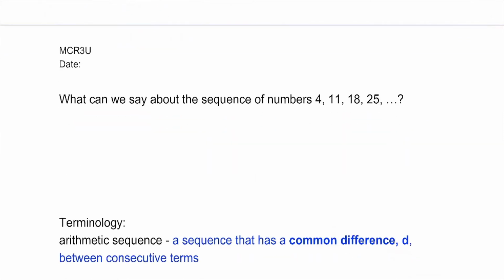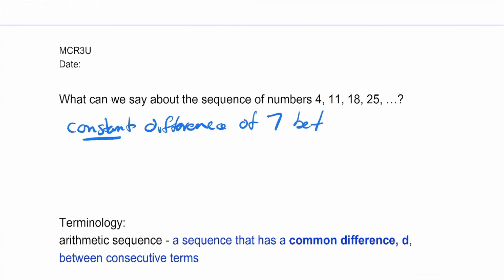So what can we say about the numbers in the sequence that we had in the example above in the warm-up? So 4, 11, 18, 25, we can say there was a constant difference of 7 between the terms. Another obvious thing that we could say is that the sequence starts with 4.